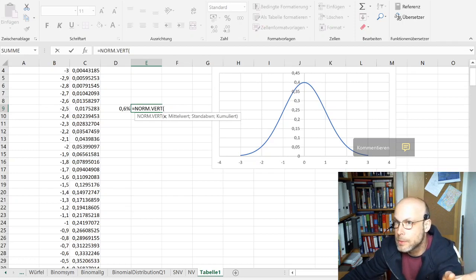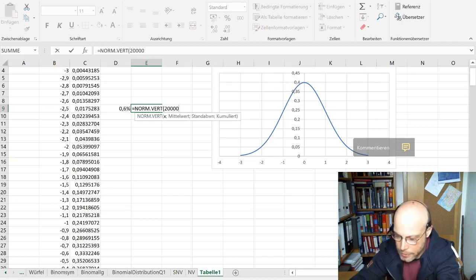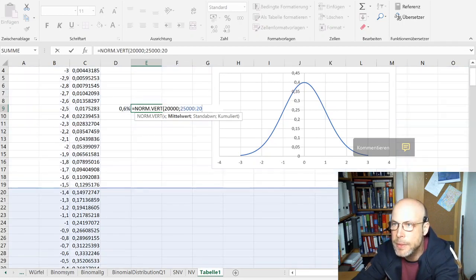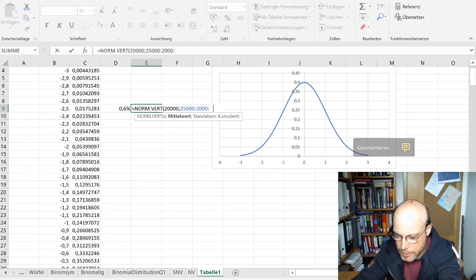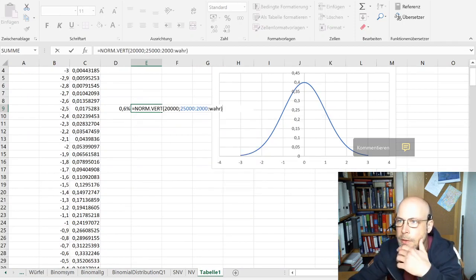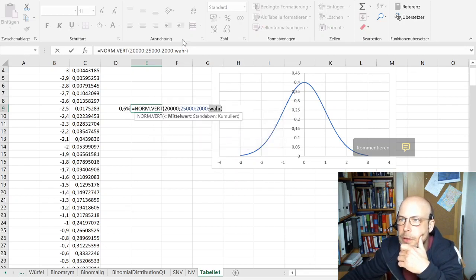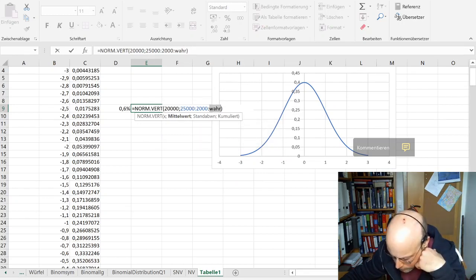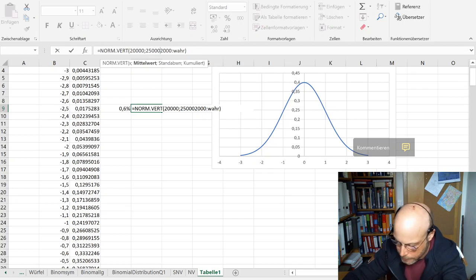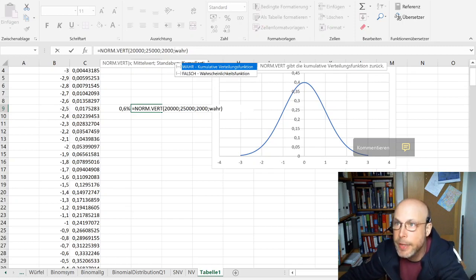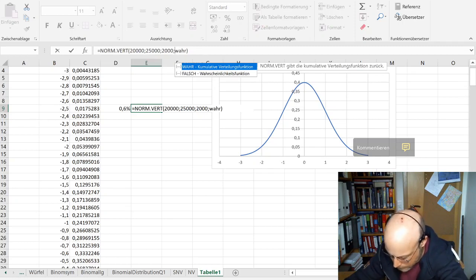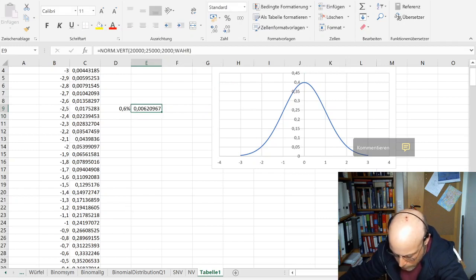And now, in the first question, we had 20,000, mean 25,000, standard deviation 2,000, and cumulated. Hopefully, this will also be 0.6. So there's some syntax wrong because I didn't put in a semicolon here. Unfortunately, in the software package, all this has to be right. And here we are.